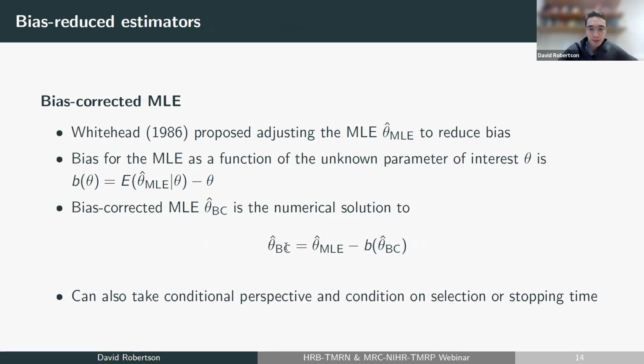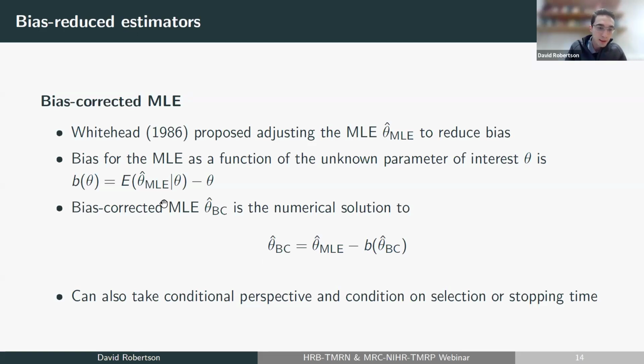So just briefly to dip into this class of bias-reduced estimators. A common estimator, which has been around for a while now, back in the 1980s, is based on the idea that you want to remove or reduce the bias of the MLE by estimating what that bias is. You can write out the bias of the MLE as a function of the unknown parameter of interest, and then find the value which, given your data, removes that estimated bias.